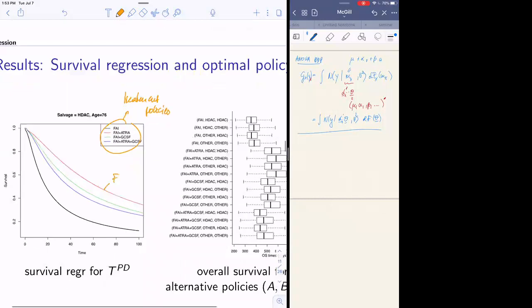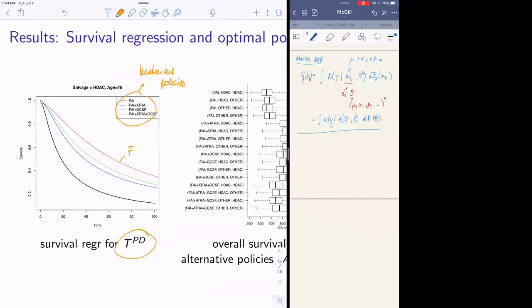But actually, as I'm speaking here, I notice this is only for one of the transition times. This is the transition time from, I think, progressive disease to death. It was one of the last transitions. So this one is then F sub, I think, the 6th transition time in the original flow chart.